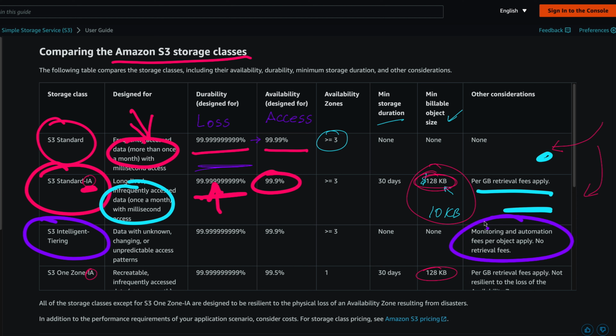Now, because this charge is for each object, if you had tens or hundreds of thousands of very small objects within your bucket, the Intelligent-Tiering storage class may not make sense. In some situations, the S3 Standard storage class may actually be a lower cost option if you have a lot of smaller objects.